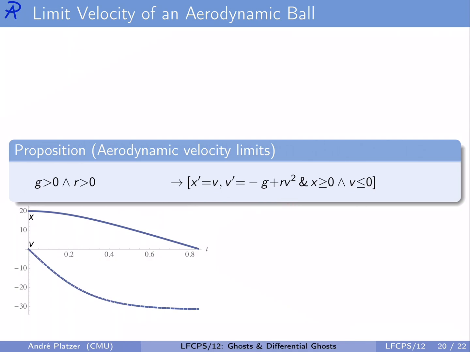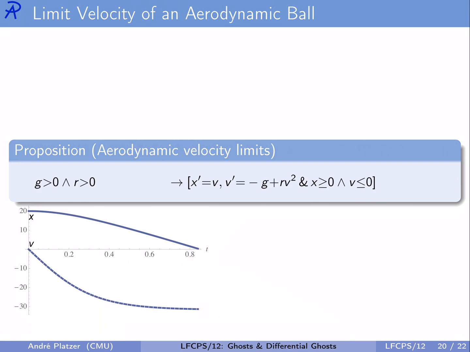And then in that case, well, it should be easy to prove that, for example, you're above ground and that the velocity is less or equal to 0, but can we also prove an upper bound on the velocity? Well, because the velocity will keep on increasing in absolute value according to this differential equation, but not arbitrarily. At some point, we'll reach the limit velocity.